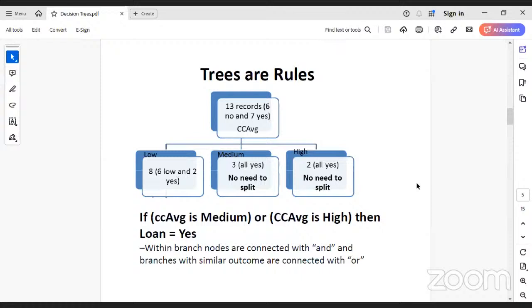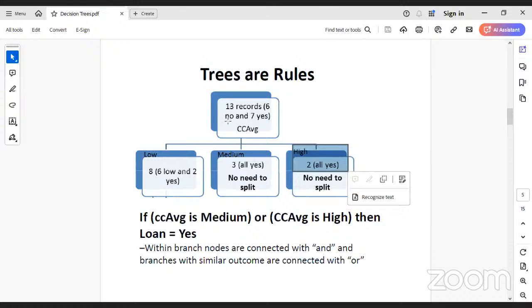See, the condition is we have medium in CC average, there are 3 records, all of which are yes. In the high category we have 2 records and all are yes. So there are two branches. How can you write each branch?